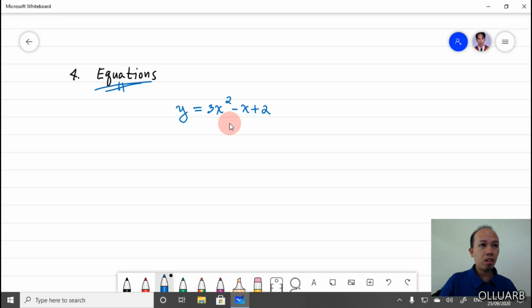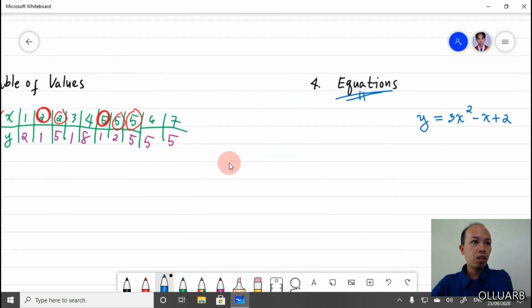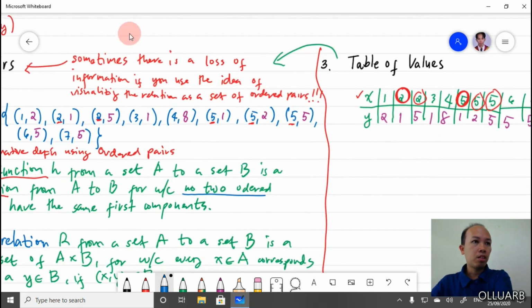In this way of describing a relation using equations, I put it in the definition of the relation before.